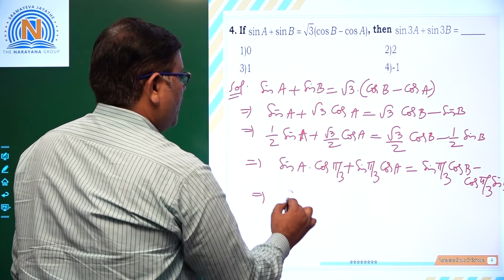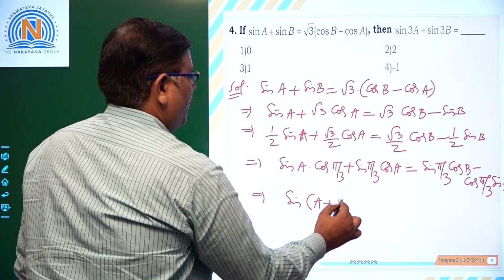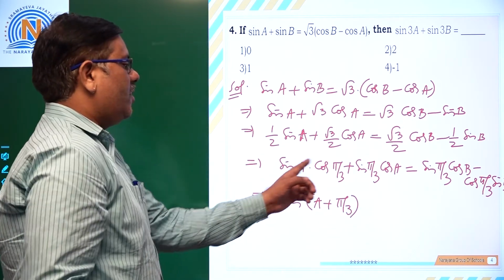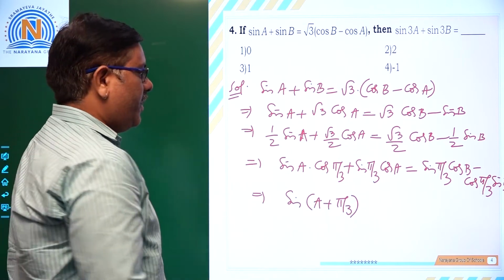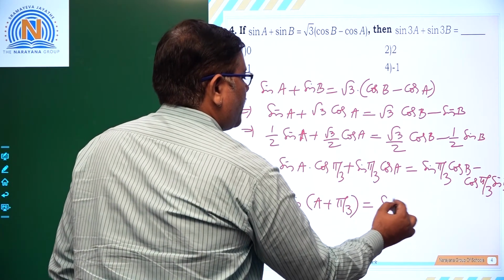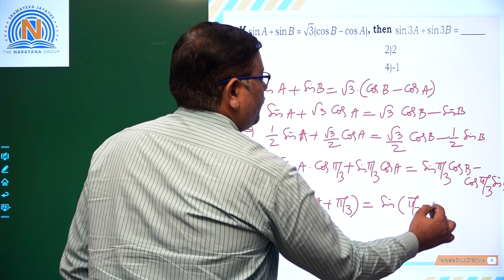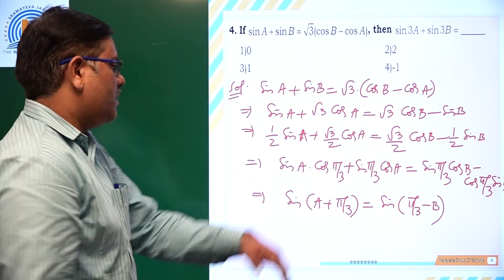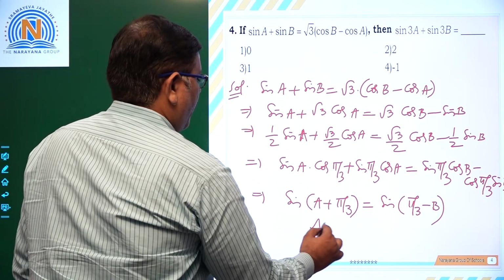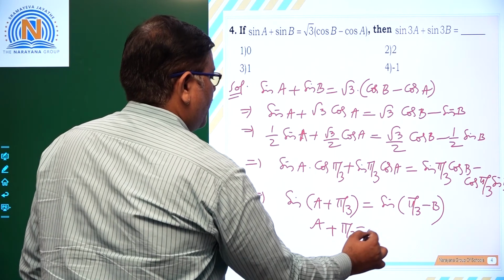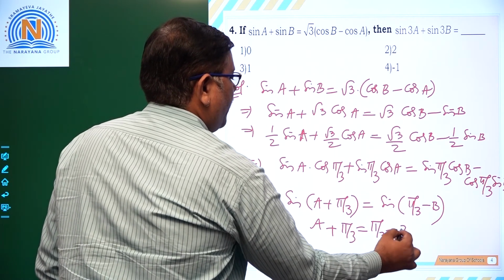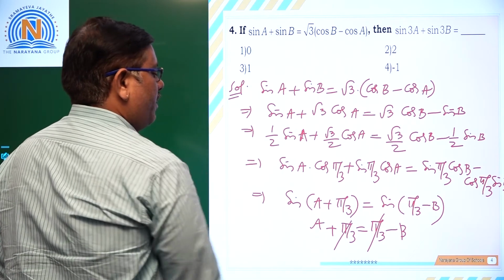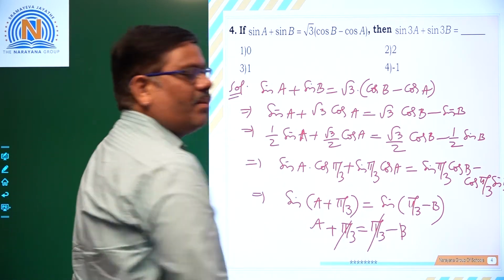So it is nothing but sin of A plus pi by 3. Sin A cos B plus cos A sin B is sin of A plus B. That is equal to, here also you can say sin of pi by 3 minus B. Both the sides you can do that. So we have A plus pi by 3 is equal to pi by 3 minus B. One of the possibilities: pi by 3 cancels, and we have A as minus B.